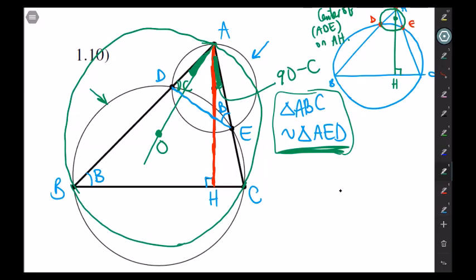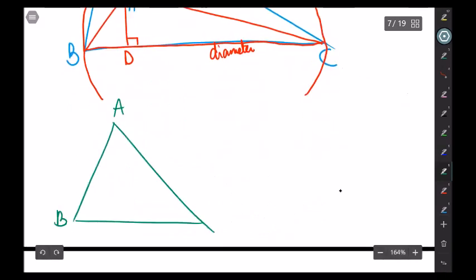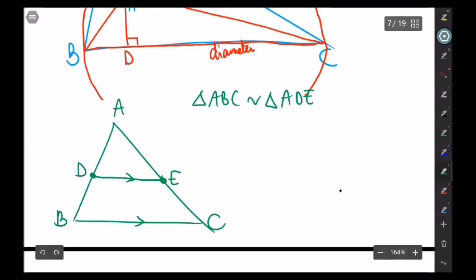Let me give you another observation. If I have a triangle ABC here, and another triangle, say DAE, that's one way we can have a similar triangle, right? These two sides are parallel, and triangle ABC is similar to triangle ADE. That's one way they can be similar.